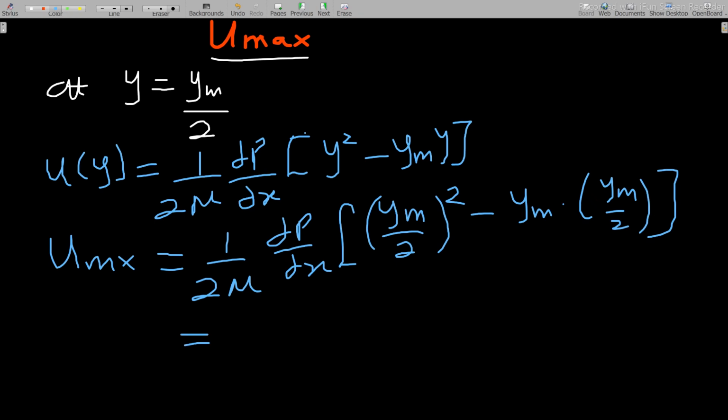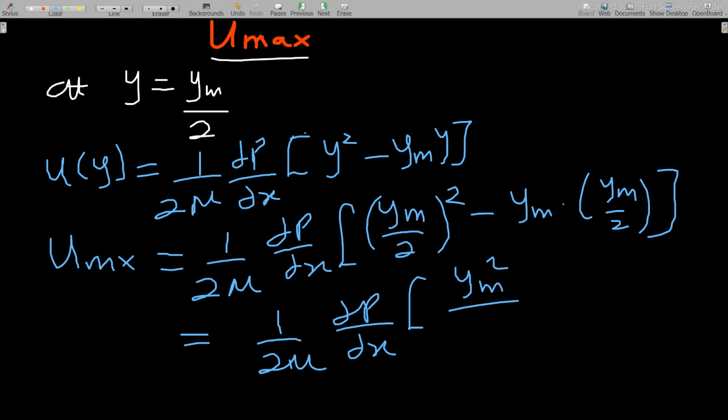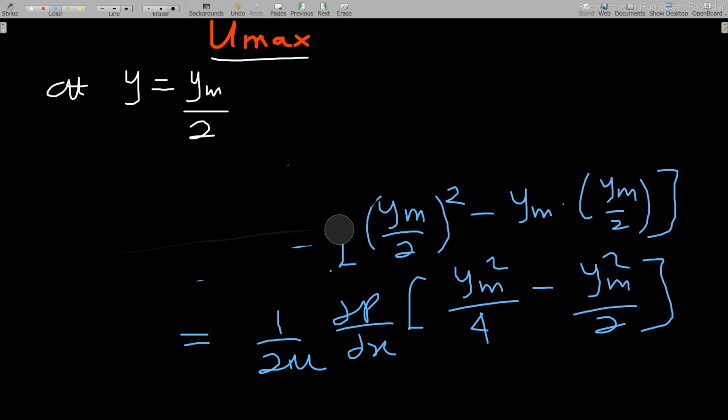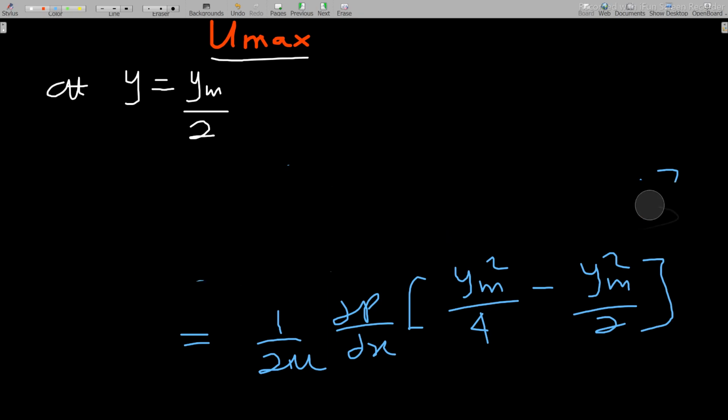Now this gives me 1 over 2 mu, del p del x, then I have ym squared over 4 minus ym squared over 2. Solving whatever is in the brackets, let's solve the fraction there.